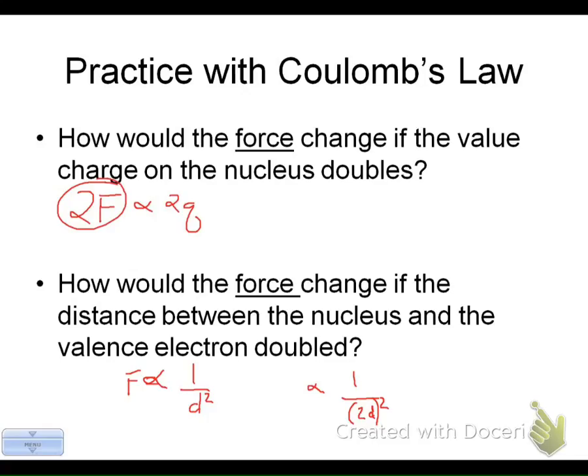This is the same as 1/4d. So to keep this proportionality intact, I'm going to have to do the same thing to this side, which means that's 1/4 of the force, or the force is fourthed.